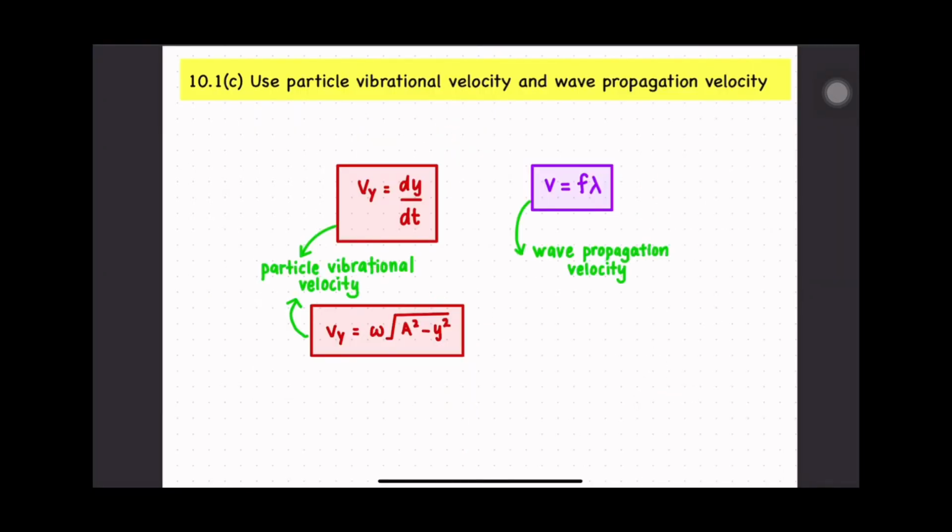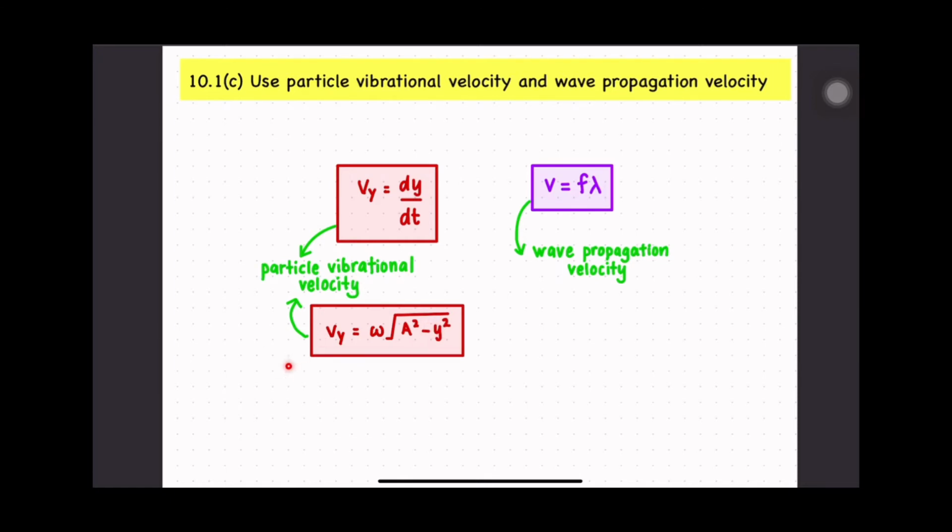Okay, next is 10.1c, use particle vibrational velocity and wave propagation velocity. As you know, these are two different types of velocity. First is particle vibrational velocity. You can use these two equations, where Vy is equal to differentiate y with respect to t, or you can use Vy is equal to omega times square root of A squared minus y squared when given the value of y.